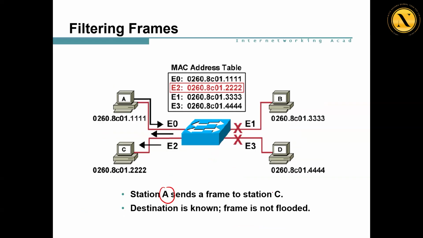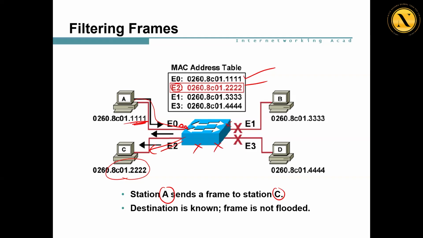Now there will be a time when it knows all the MAC addresses, all the 4. So then A is going to ping, let's say C. That means data is going to come on this port. It's going to look at the incoming frame's source 1. Okay, the entry is already there, nothing to worry, right? And it's going to look at the destination 222. Okay, I know that also. So I've got to just forward from my E2 port. So it will receive on E0 port and forward from here, and not forward from any other port.